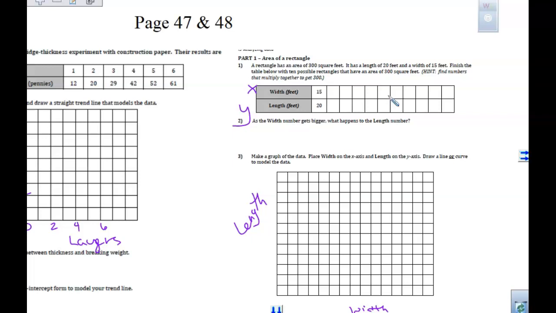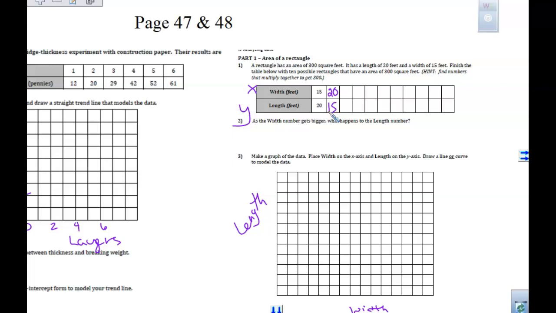So, if I have 15 and 20, could I say, okay, now I think the width is 20, what would the length be? If I know 15 times 20 gives me 300, now of course I have 20 and that's a different point on this graph, because the first one went over 15 and up 20. I can have a lot of numbers up to 300, right?